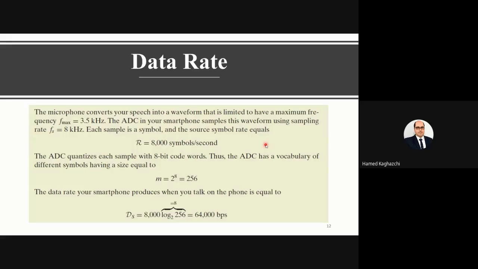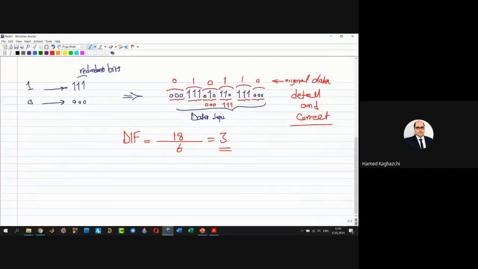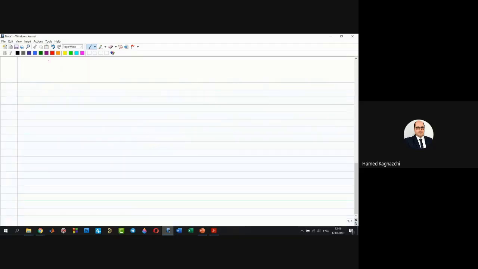The maximum frequency of this signal, for example, is 3.5 kilohertz. Now, how can I send this analog signal?